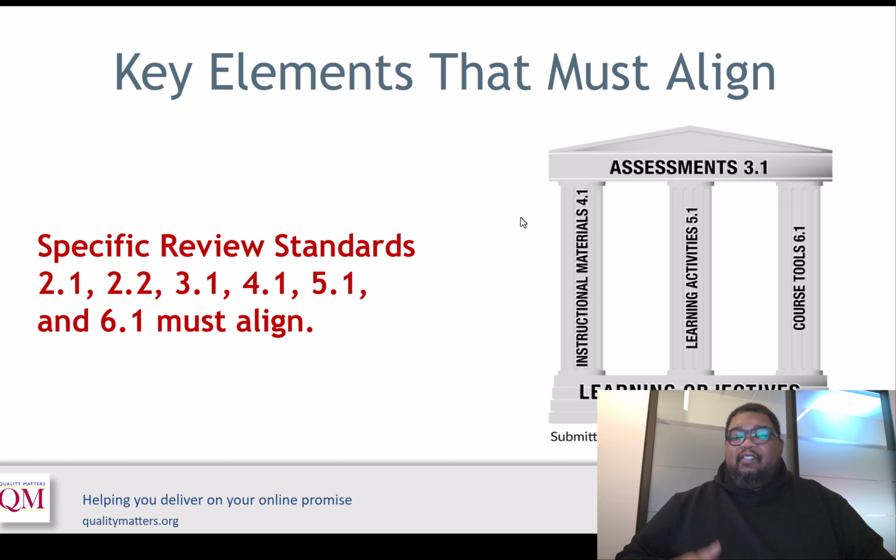This moves us to the key elements that must align. What you see on the screen is what we call the house of alignment. A great way of putting it, because every piece of this house is important for a course to fully align.